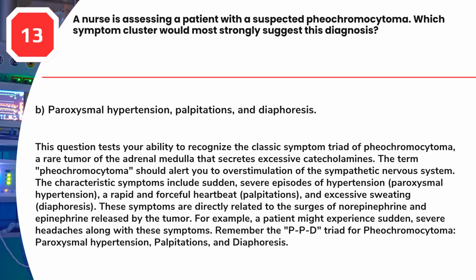These symptoms are directly related to the surges of norepinephrine and epinephrine released by the tumor. For example, a patient might experience sudden, severe headaches along with these symptoms. Remember the PPD triad for pheochromocytoma: paroxysmal hypertension, palpitations, and diaphoresis.